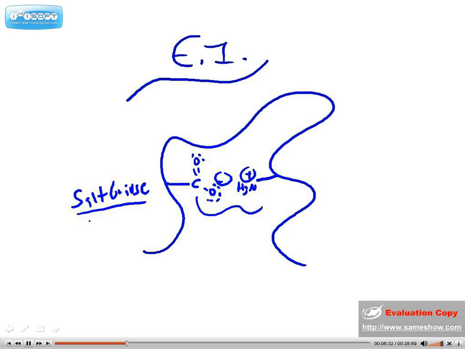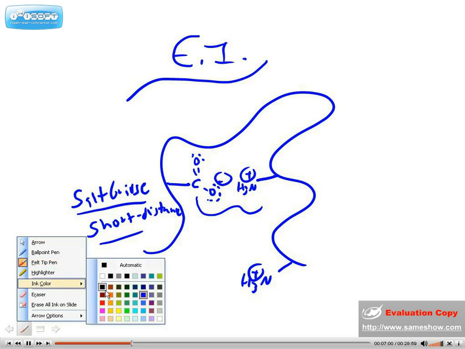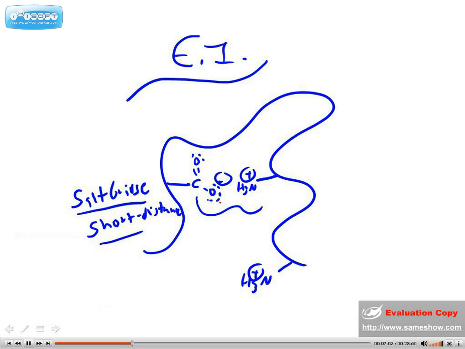If it's a short distance away, then it's a salt bridge. It is possible to have long-range attraction. So I could have, for example, on the N-terminus, an ammonium formed from an amine in water, and then you could have long-range electrostatic interactions.